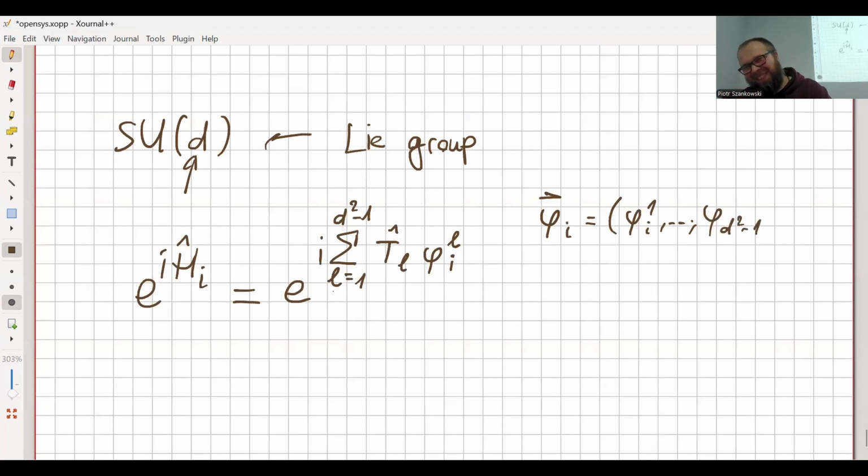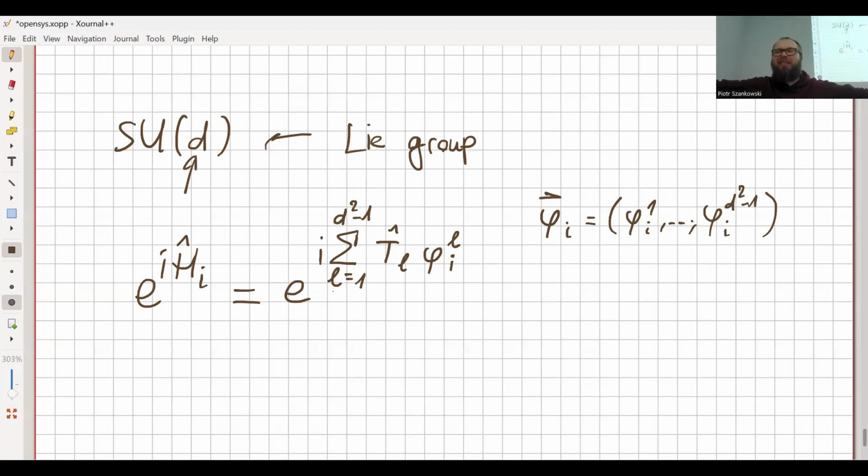I'm sorry, this is kind of stupid, but it's also kind of beautiful. So these are coordinates on a sphere, of dimension D squared minus 1. If the dimension is higher than 2 it's difficult to picture, but it's a sphere.